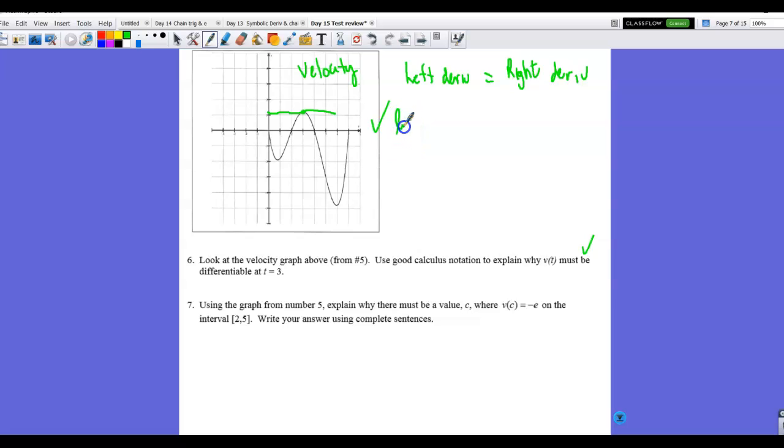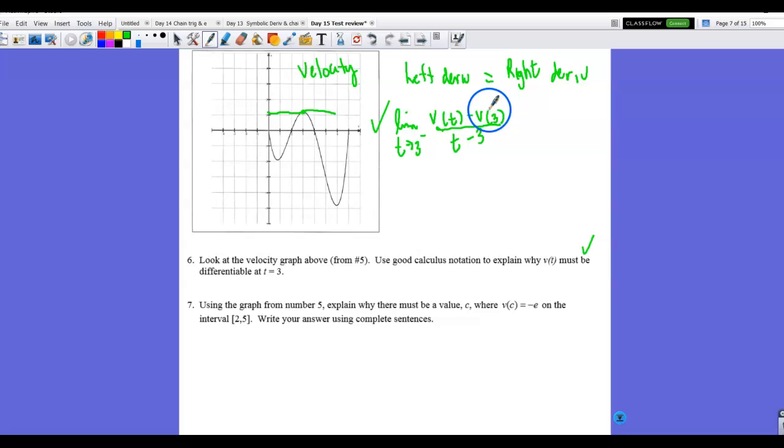So we're going to say the limit as t approaches 3 from the left side of v of t, that's y number 2, minus v of 3, that's y number 1, over t minus 3.